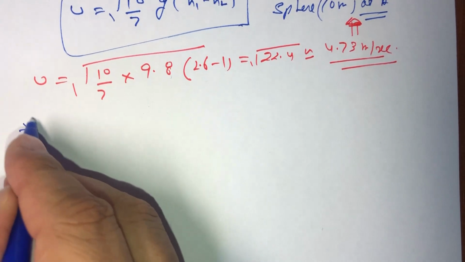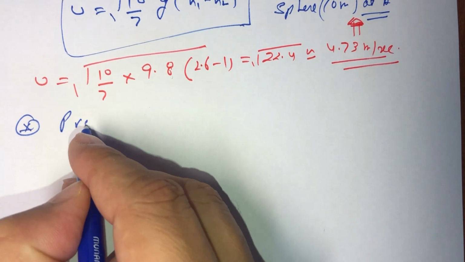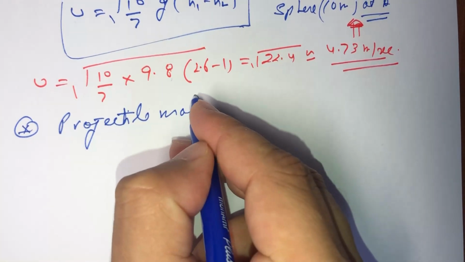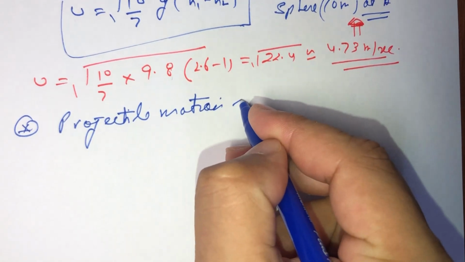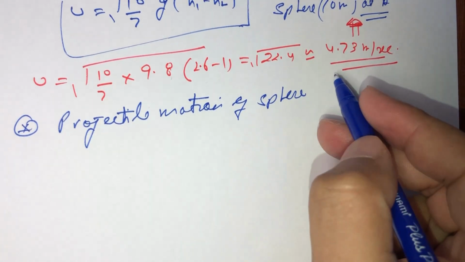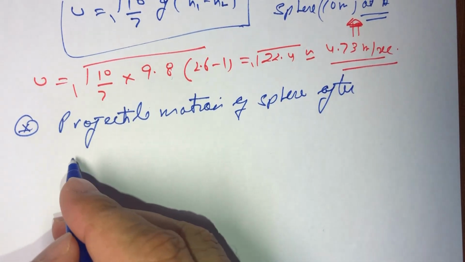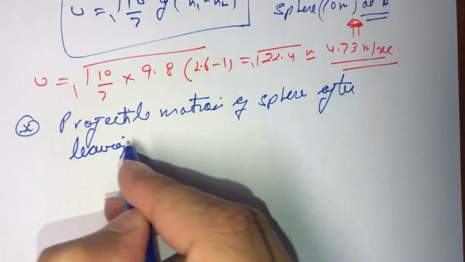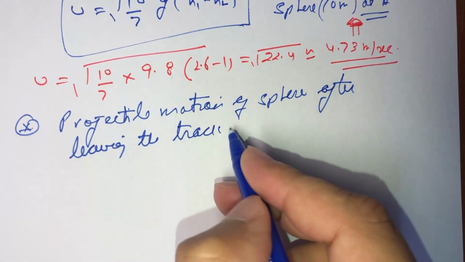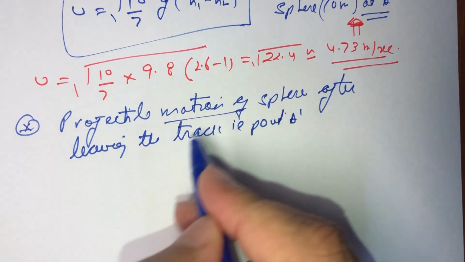Next we can say the projectile motion of the sphere after leaving the track, that is point A prime.